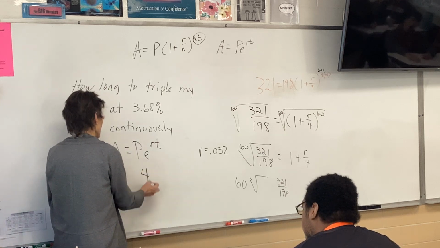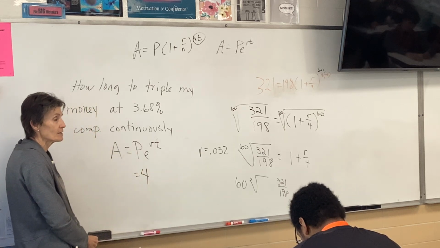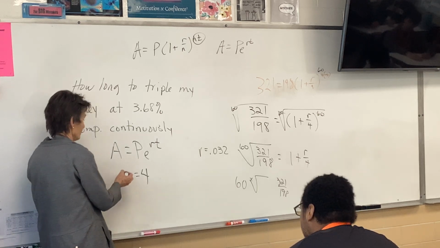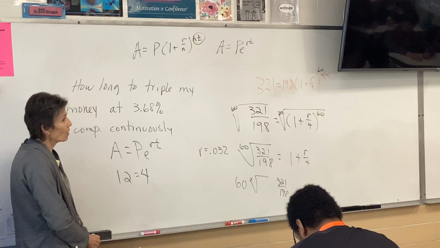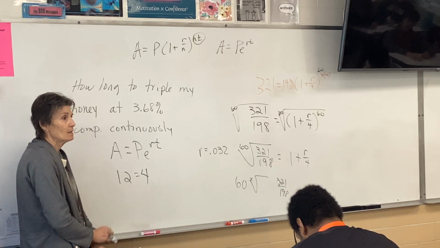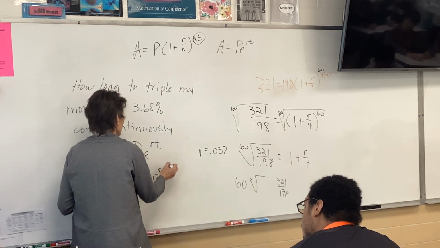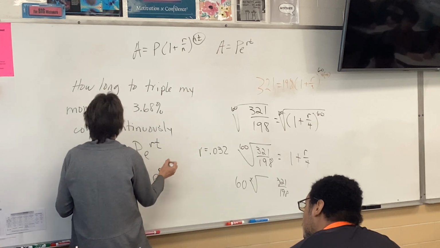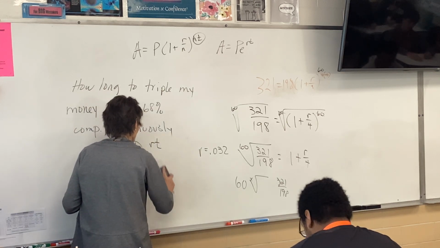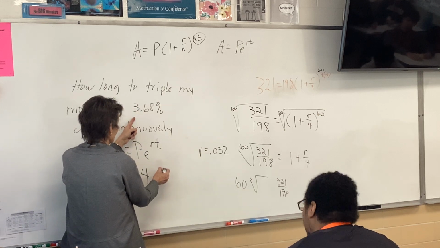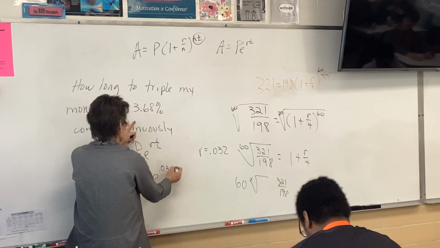We got big spenders in here, so we're starting with $4, and we're gonna end up with 12. Now, could you start with something else? Yes, 5,000, and then end up with 3 times it. I do know my interest rate. I don't know my time. What is my interest rate? What goes here? 0.0368 t.